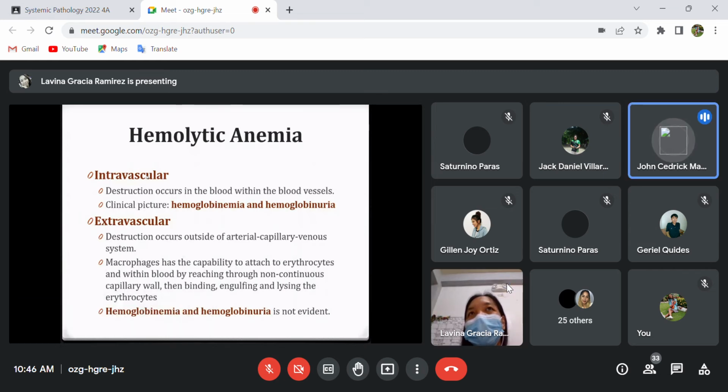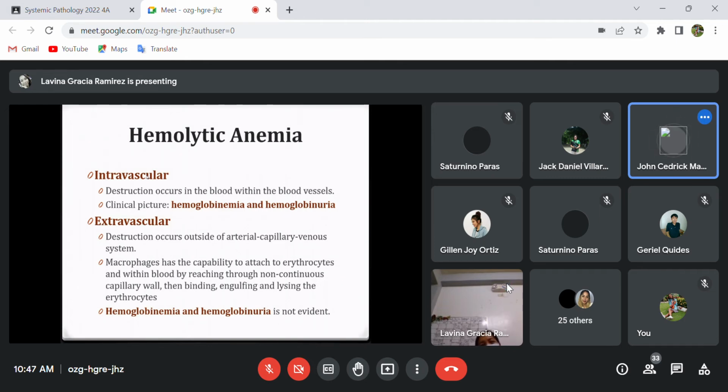Oxygen ba, Dok? Ano yung sagot mo? Hindi ko narinig yung sagot mo. Oxygen po ba? Are you sure?